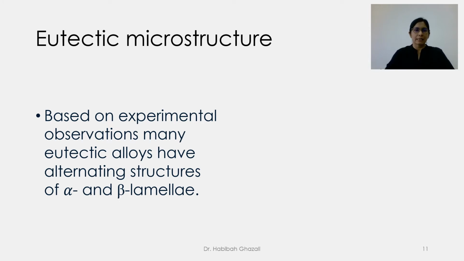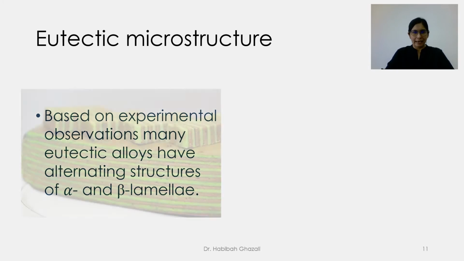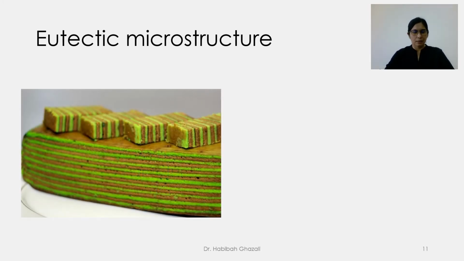This lamella structure is similar to a layered cake. This is the image of a Sarawak layered cake. This is how the microstructure of the eutectic composition will look like. One solid phase will sit next to the other.